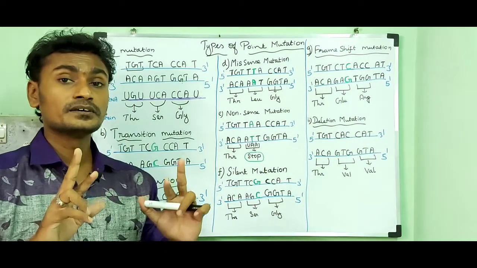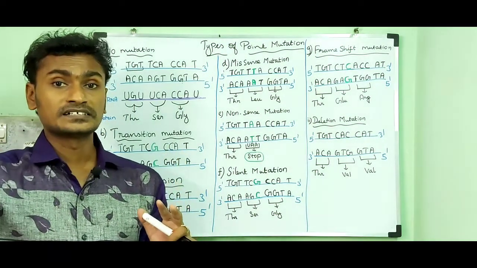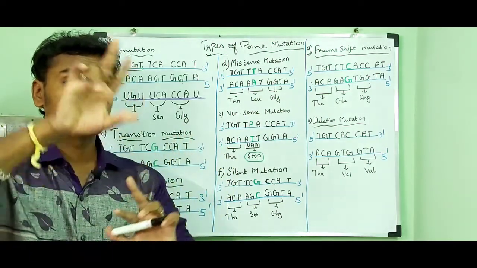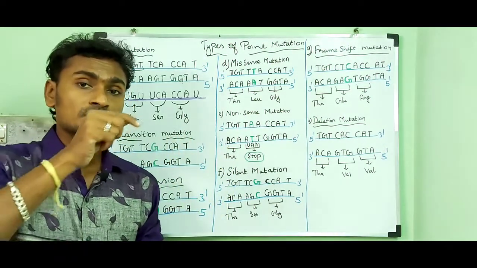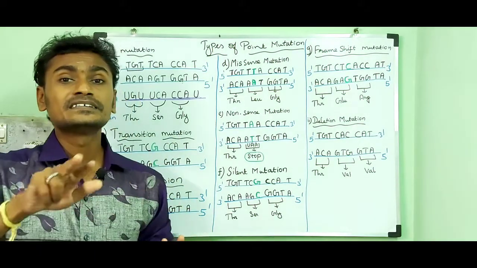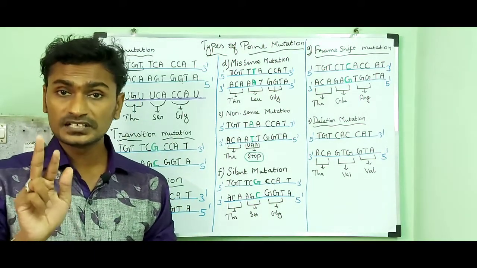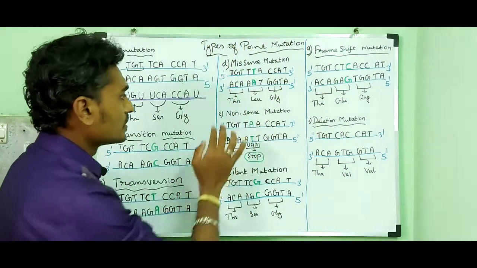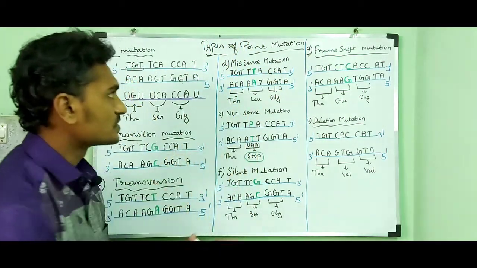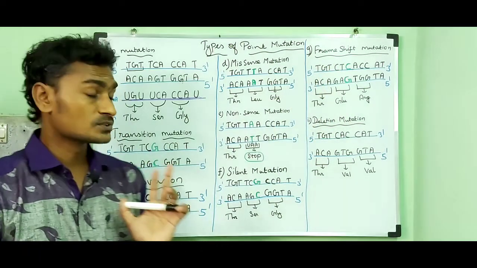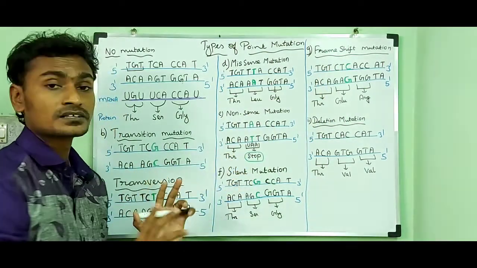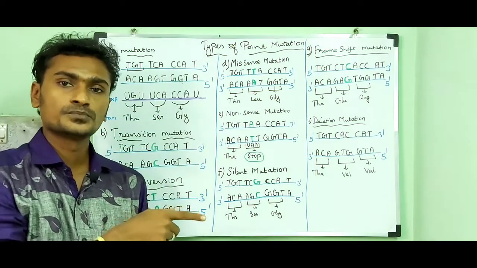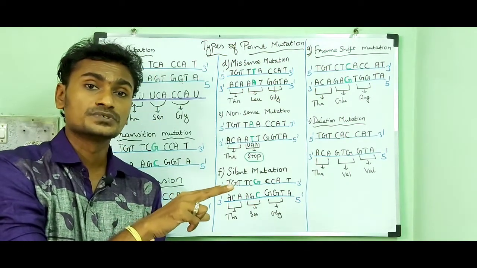So I already mentioned the effects on translation. Now we are going to discuss the effects on translation due to substitution base pair or indel mutation. So here we have missense mutation, nonsense mutation, silent mutation, frame shift mutation. These mutations are all caused by substitution mutation or indel mutation.